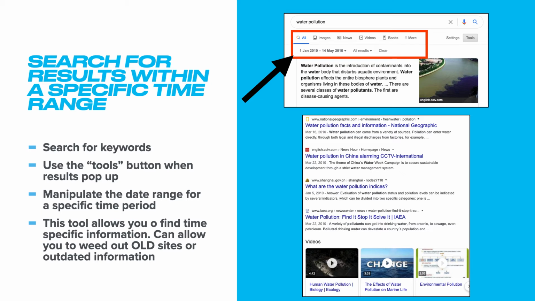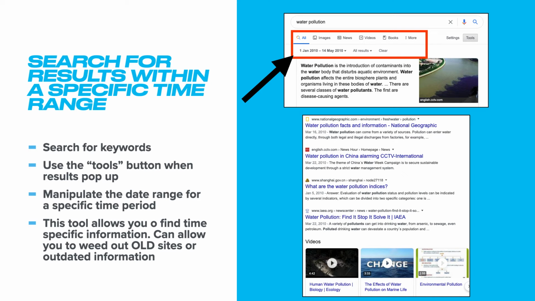So if you wanted to search for more recent results, or even if you just wanted to find something within a specific time, you might want to be finding out about an event. As an example, maybe the pandemic that's currently happening. You might want to search for something between January 2020 and May 2020.